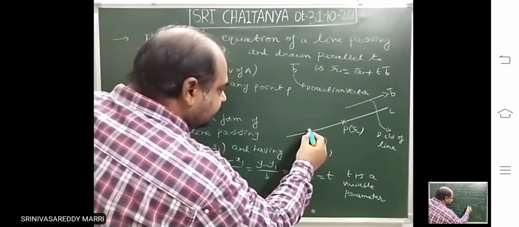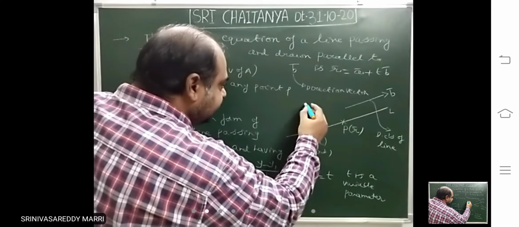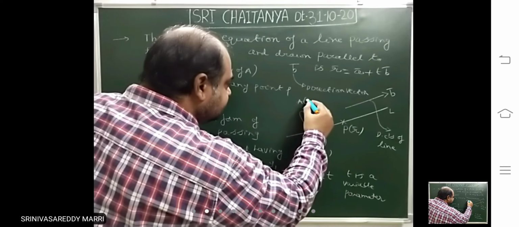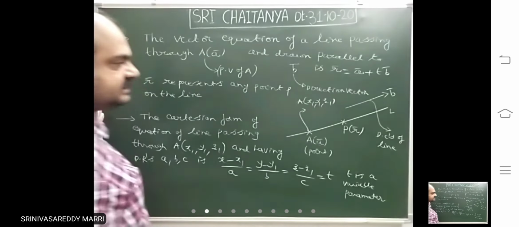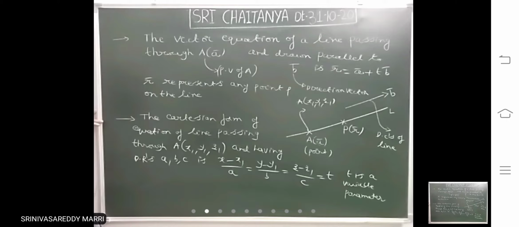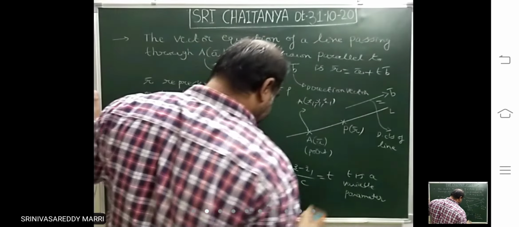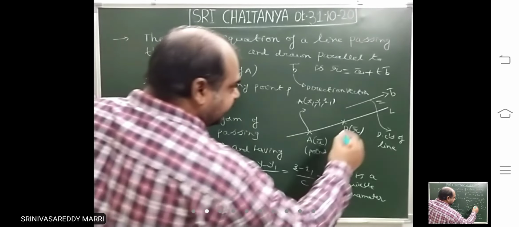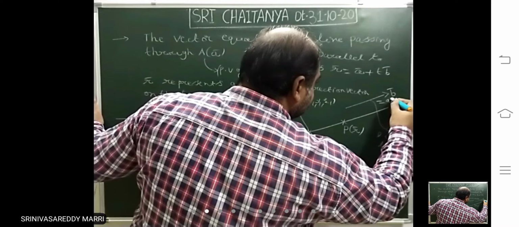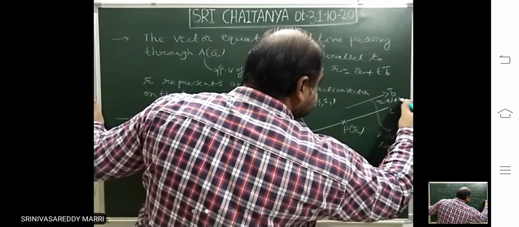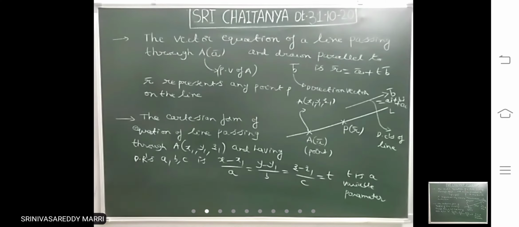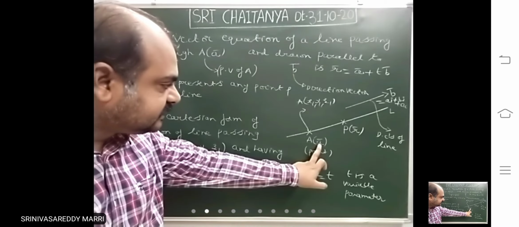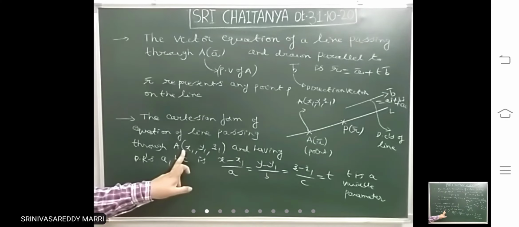And B bar is nothing but the DRs, which are known. DRs are known means this is the vector ai plus bj plus ck.